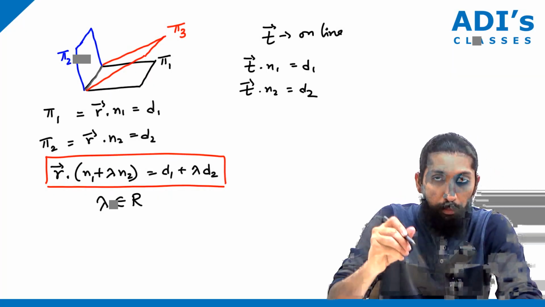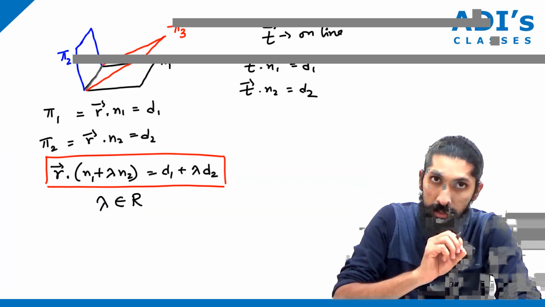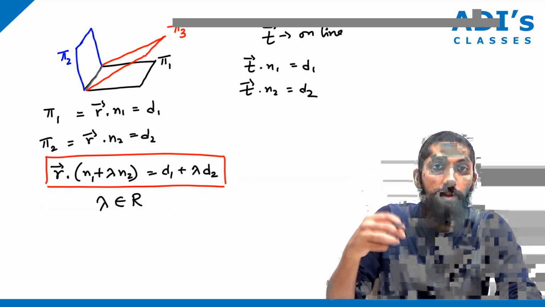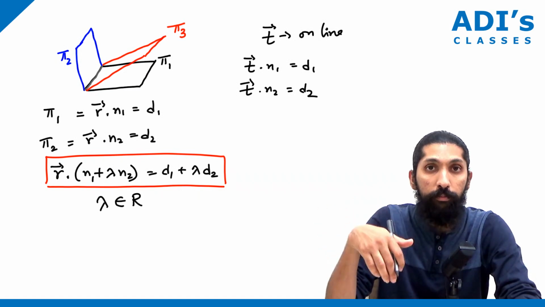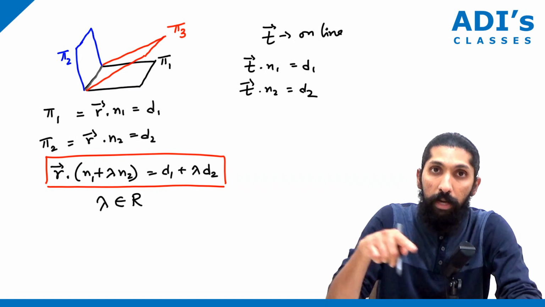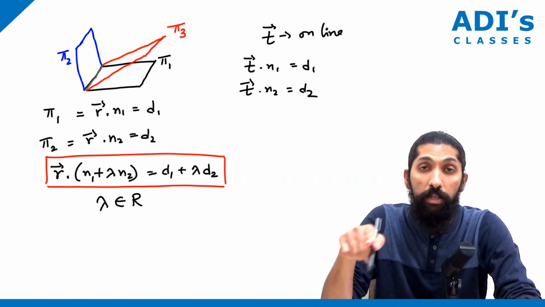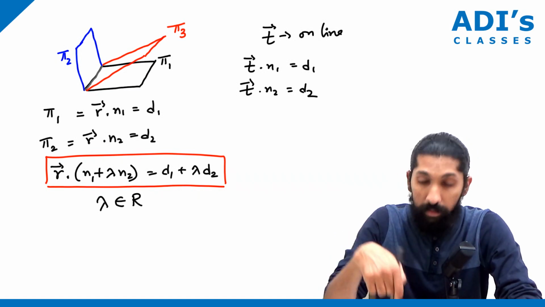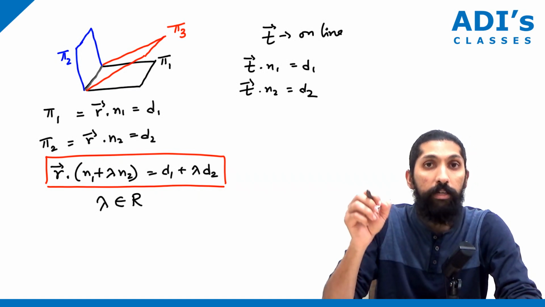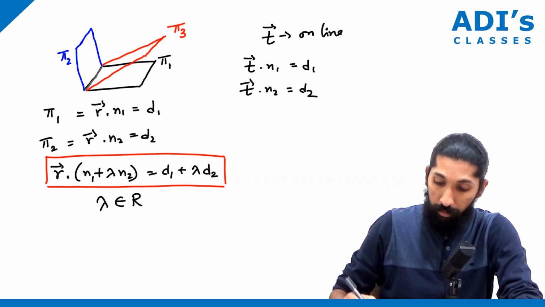Since it's a common point between these two and a line passes through this particular point, we can do the equation of the line in the vector form, isn't it? In the vector form, what was it? A plus lambda b, isn't it? A plus lambda b. So in place of A, you can write this T. So what are you going to get?